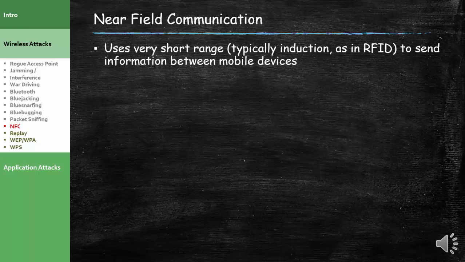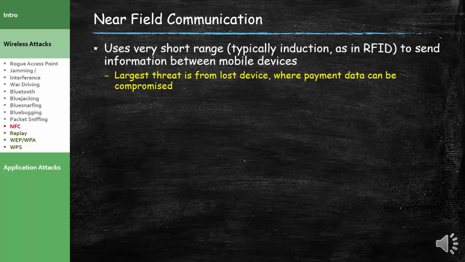There are many uses. You can use it to share information between phones, maybe transmit your contact to somebody or something like that. But again, it's near field, so it's very, very short range. It has to be very close. I'd say that probably right now the largest threat to this is from losing your device. So if you use NFC to make payments and you've got it somehow tied to your bank account, and somebody gets a hold of your phone and your phone's not locked, then they're going to be able to start buying stuff with your phone.